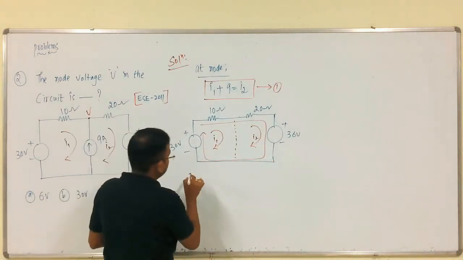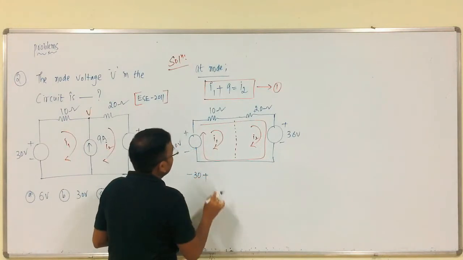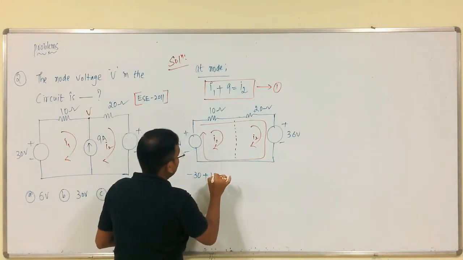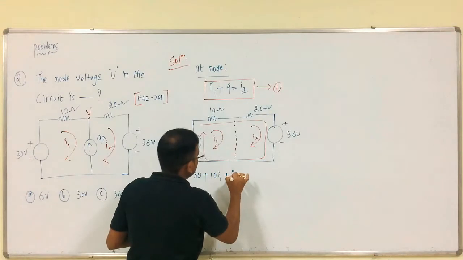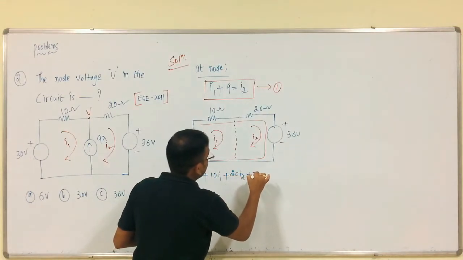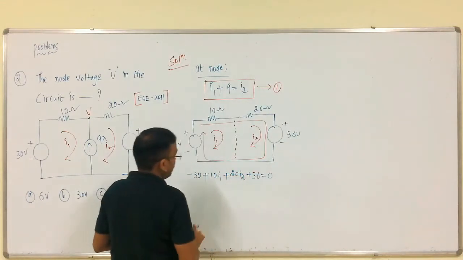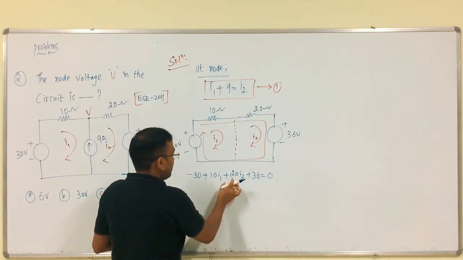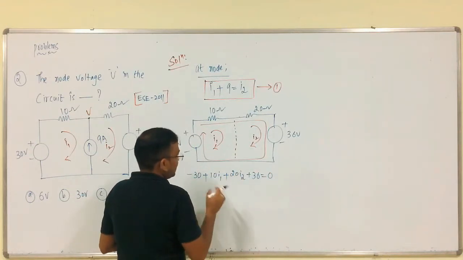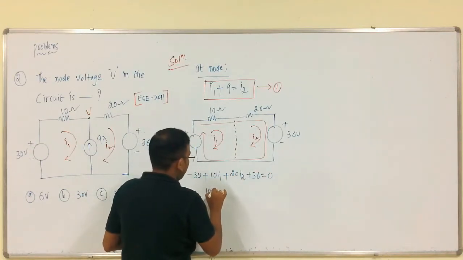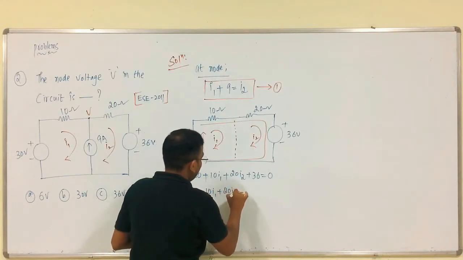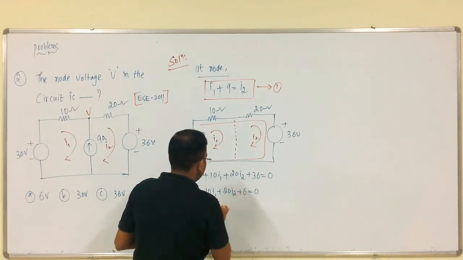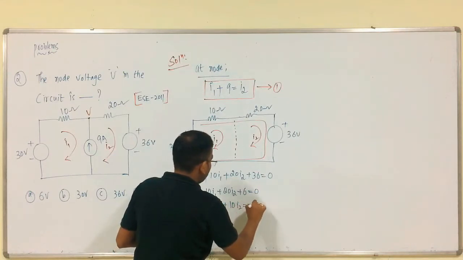So, based upon this, minus 30 plus 10 I1 plus 20 I2 plus 36 is equal to 0. So, 10 I1 plus 20 I2 plus 6 is equal to 0, that is 5 I1 plus 10 I2 is equal to minus 3.